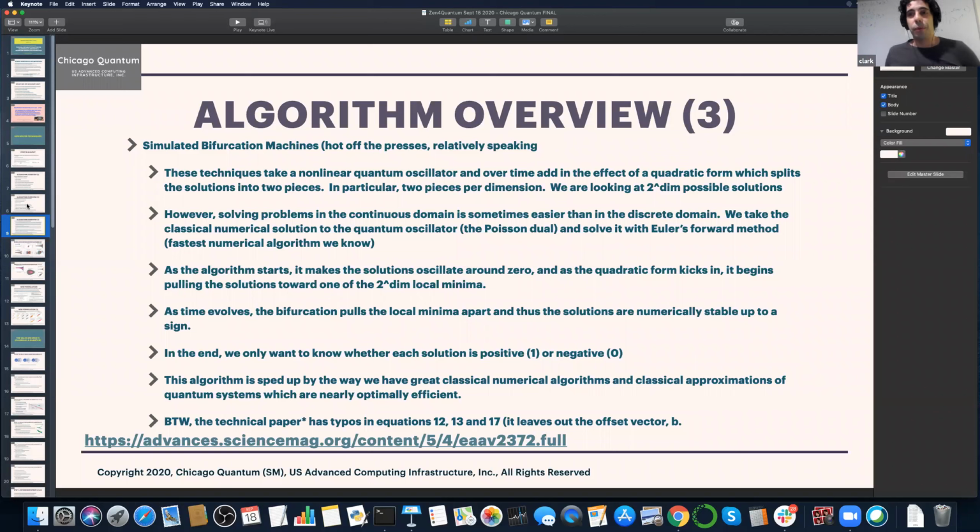What we in quantum mechanics have known how to do algebraically for 70 or 80 years is solve the oscillator. So now we add some basic nonlinearities into it, and then we still know how to solve this, at least numerically. And what's great is that there are classical solvers for it.